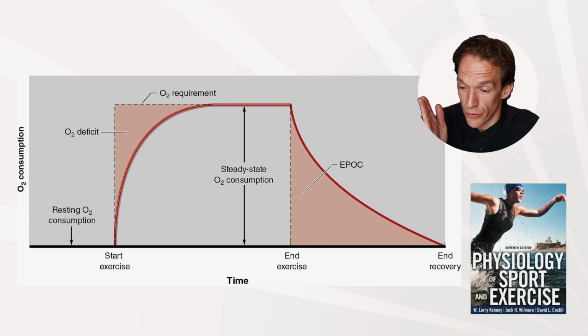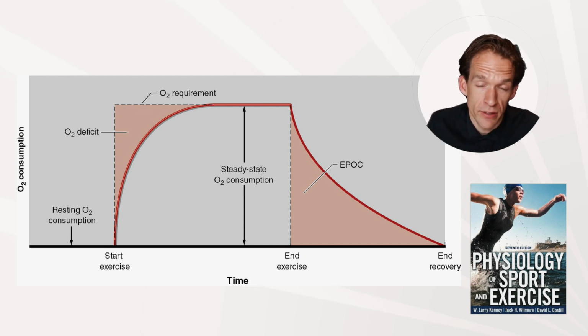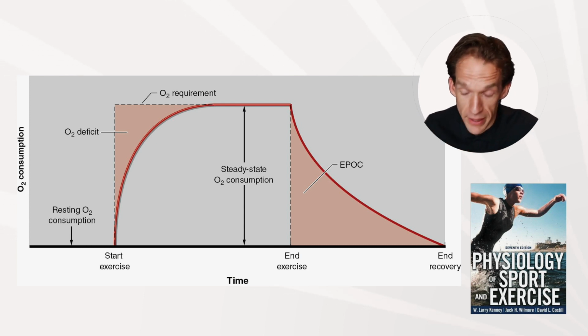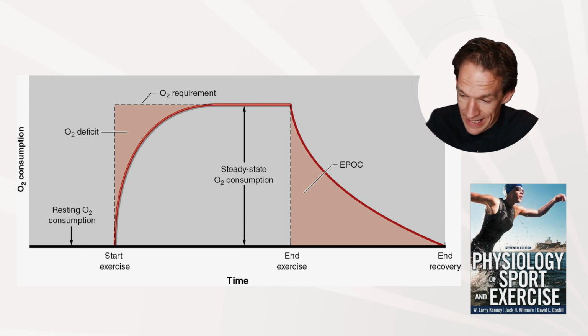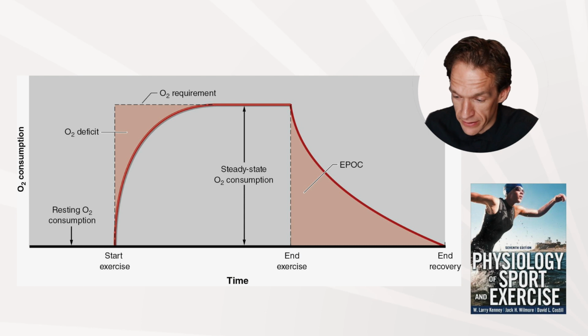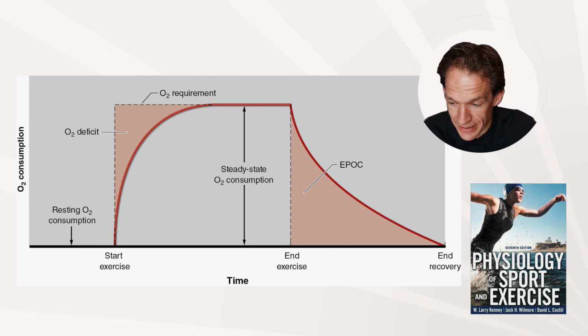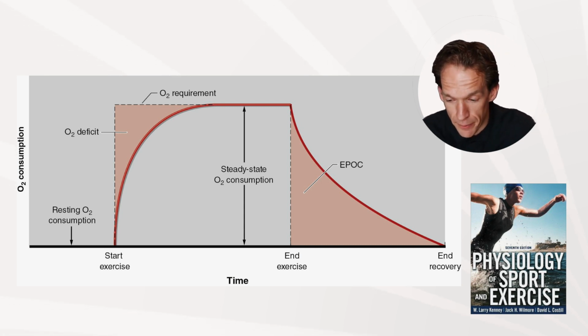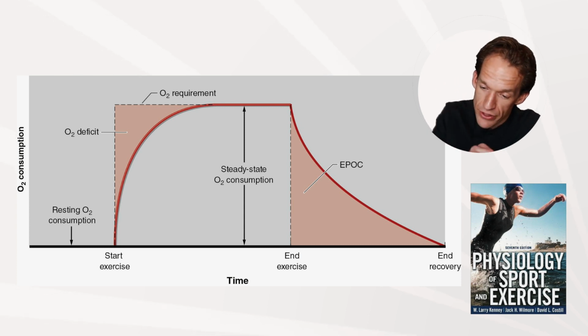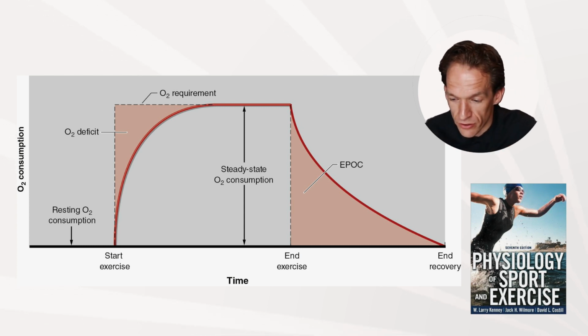You can see that although there's no energy required to pedal on the bike, the VO2 gradually lowers, and that volume, that surface underneath that graph, is defined as the excess post-exercise oxygen consumption, EPOC, and that is in literature often a reflection of the deficit that is required at the start.